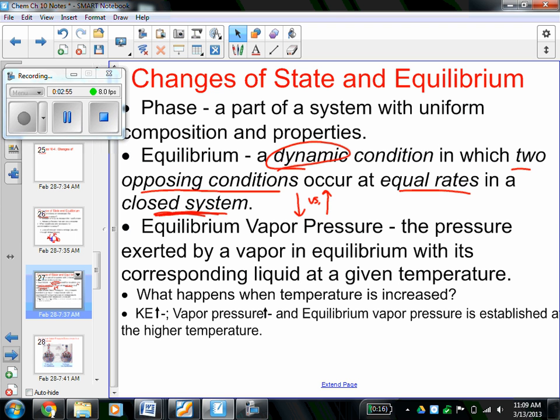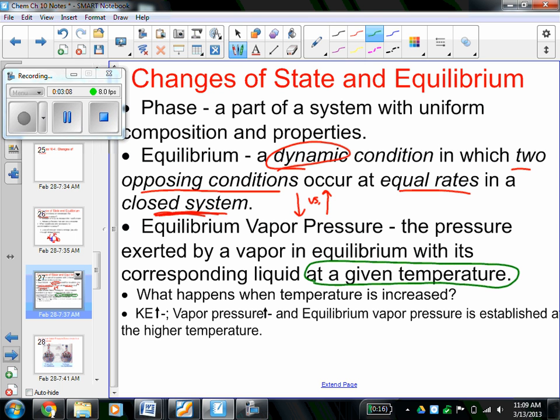So here I have a definition: equilibrium vapor pressure is the pressure exerted by a vapor in equilibrium with its corresponding liquid at a given temperature. What this basically means is that at a given temperature is a very important statement. So let me highlight that. Let's say at 25 degrees Celsius, I have a capped liquid, let's say it's water. Over time, it's going to establish what's called an equilibrium vapor pressure.